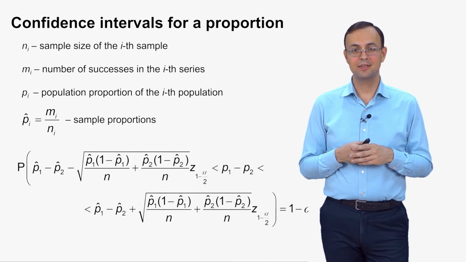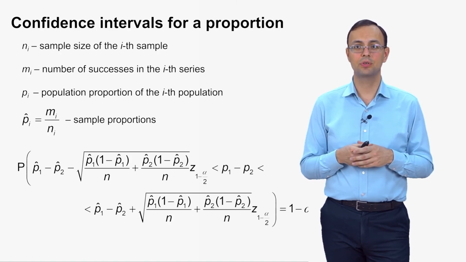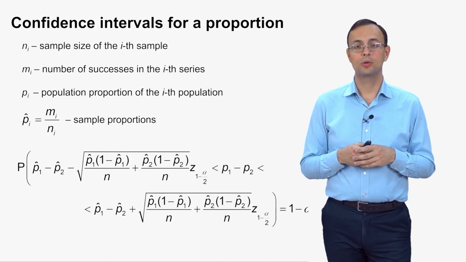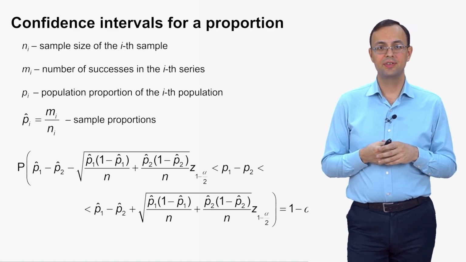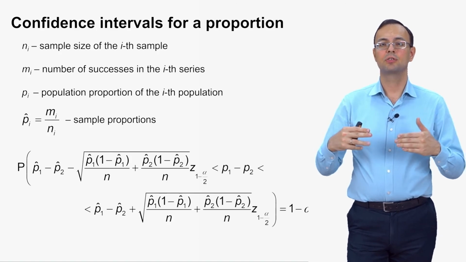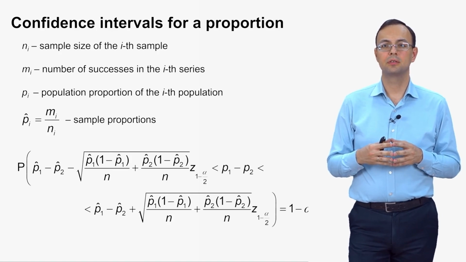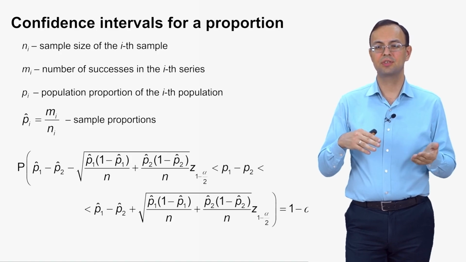The last case we will discuss is the confidence interval for a difference of two proportions, or a difference of two probabilities. This is a situation when you have two series of experiments, where N1 and N2 are the numbers of trials in the first series and in the second one.